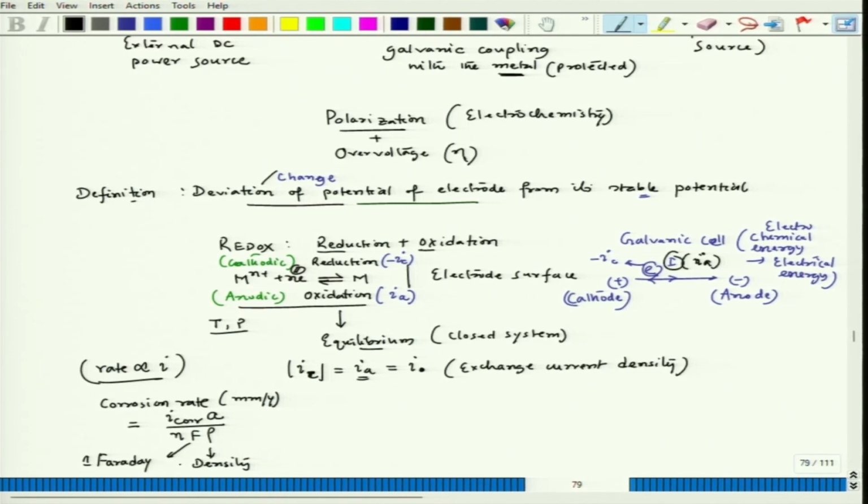which is nothing but 96500 coulomb roughly, and A is atomic weight. If you see corrosion rate in terms of millimeter per year, A is a constant term for a particular metal, this is constant for a metal, this is also a constant.